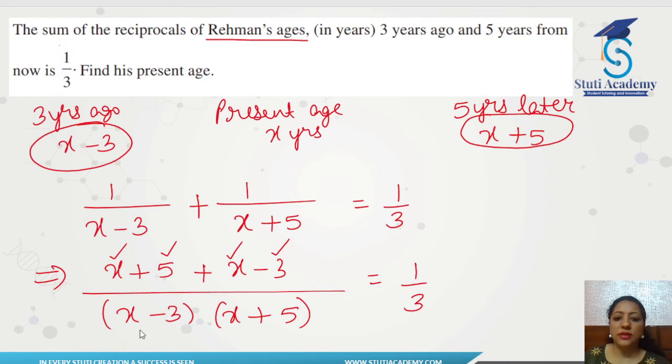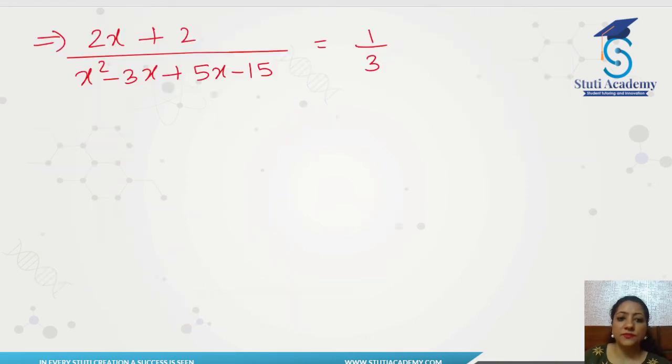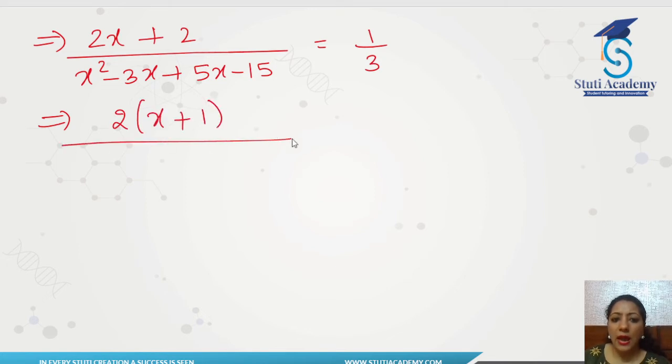So here actually I've multiplied these two brackets. Now from here we can take 2 common and we'll have x plus 1. And from here we can combine these two. We'll get x square plus 2x minus 15 is equal to 1 by 3.